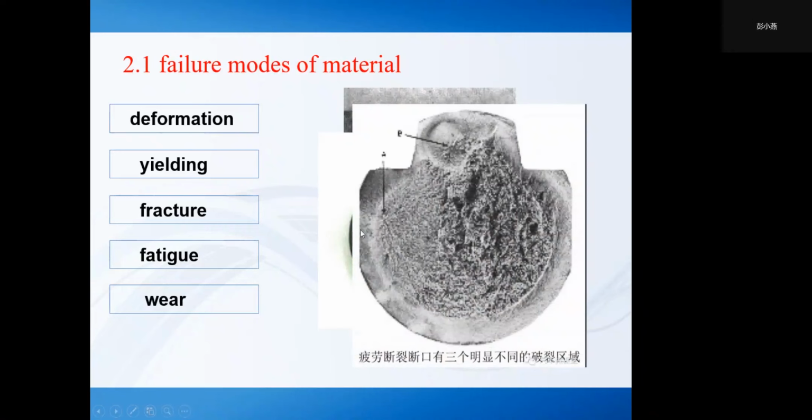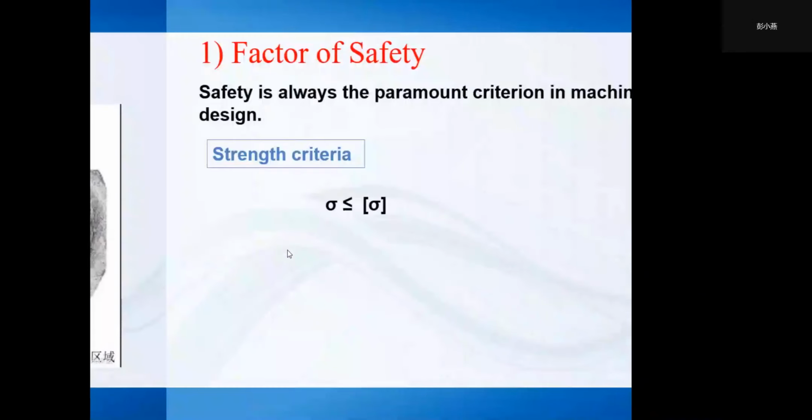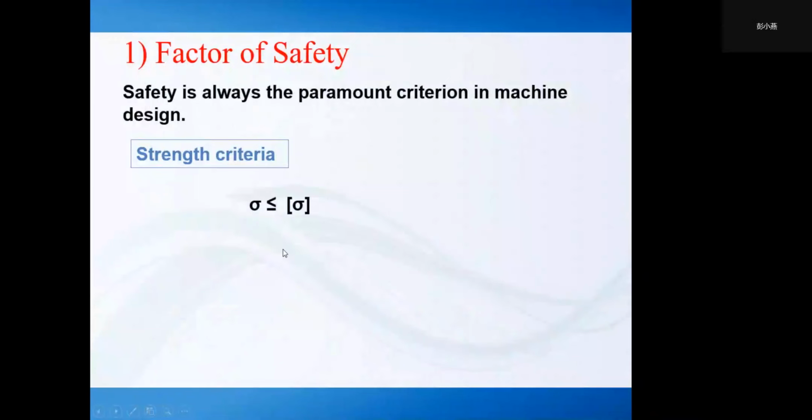And the loads causing fatigue failure are usually very low, usually below the static failure level. Identification of possible failure modes is an essential step in the early stage of machine element design.